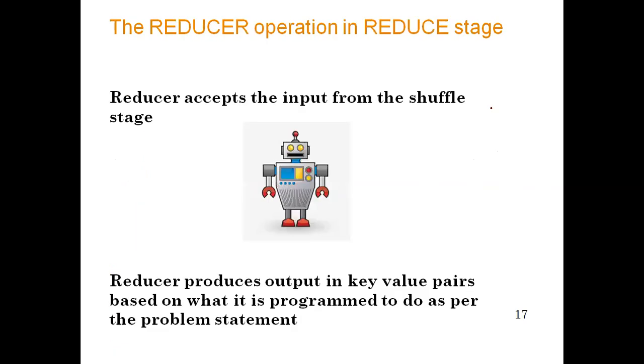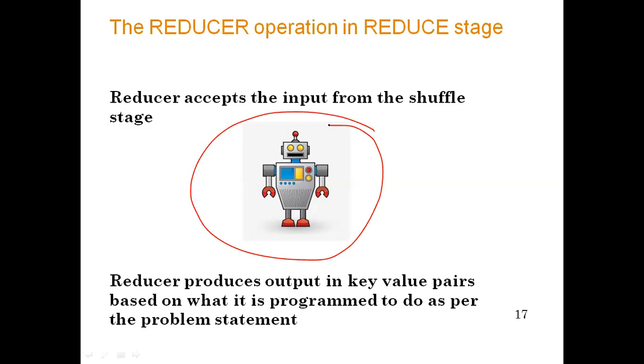The output of the shuffler substage is fed into the reducer. Just like the mapper in the map stage, the reducer doesn't have a default behavior.